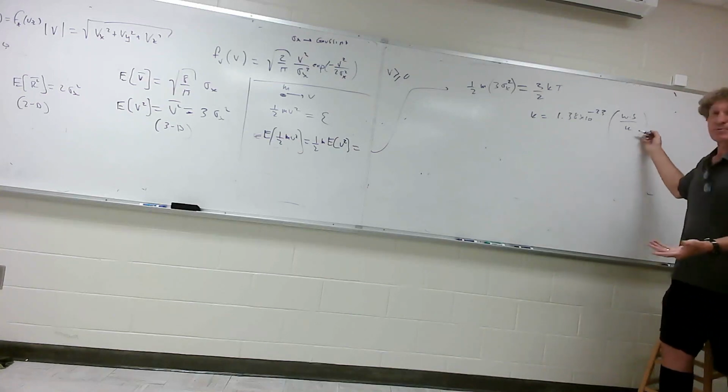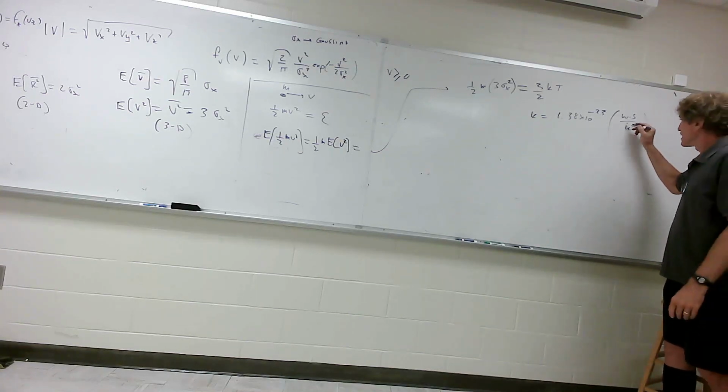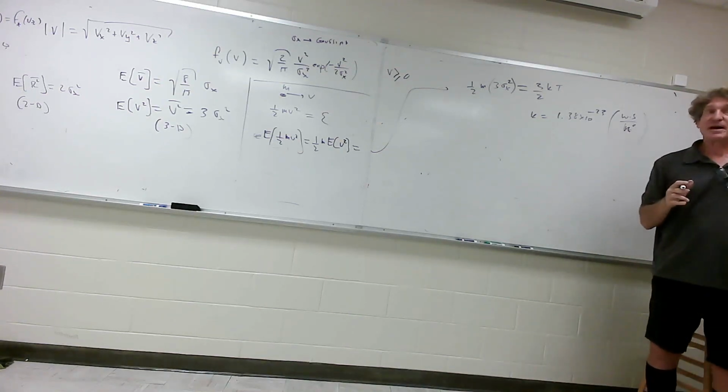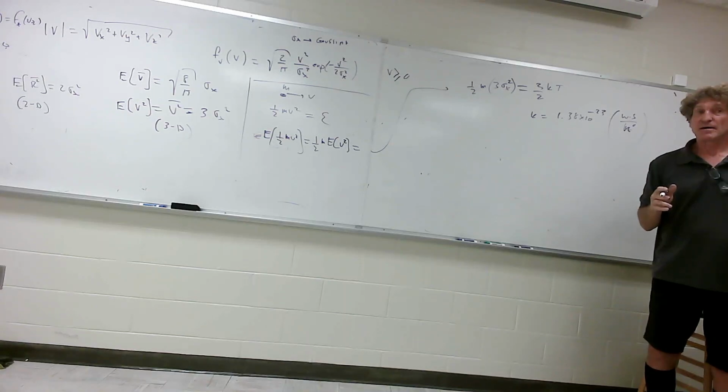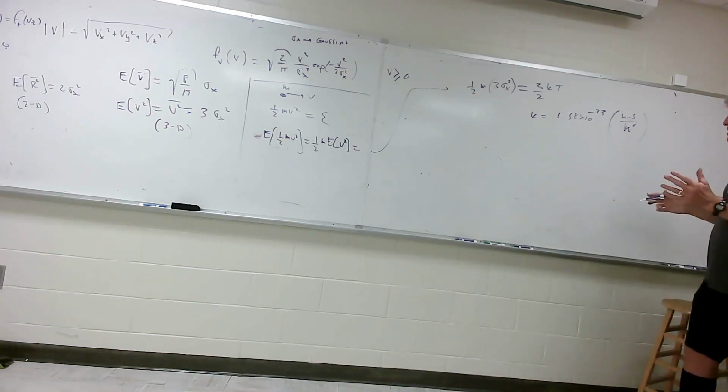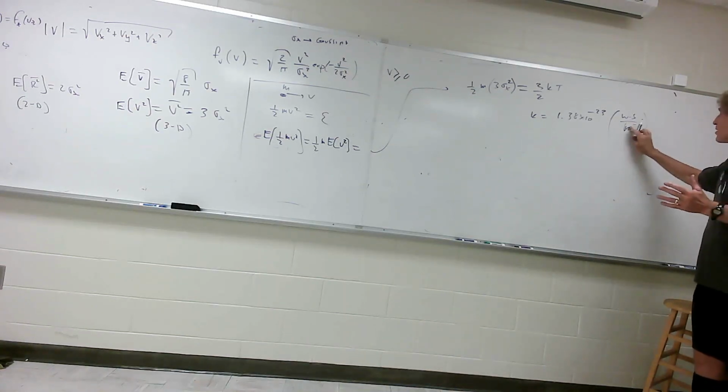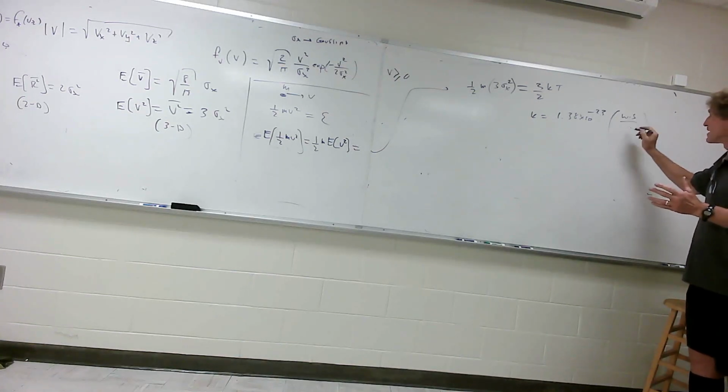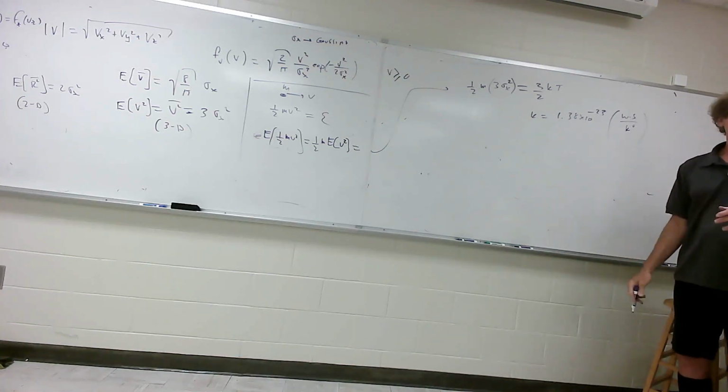Yeah, watt seconds per degree Kelvin, right? I think that was the same thing I wrote. You had WS on the bottom. Oh, okay, I got you. I'm sorry, you're absolutely right.